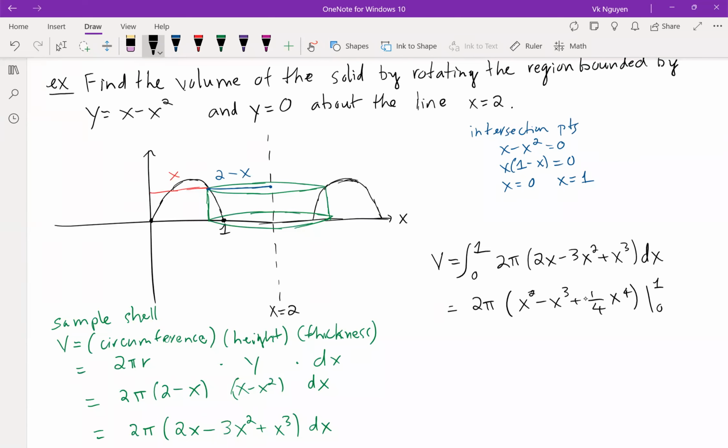Evaluate from 0 to 1. 2 pi, plug in 1, we have 1 minus 1 plus 1/4. Plug in 0, we have 0. Work out the arithmetic, and we have pi over 2.